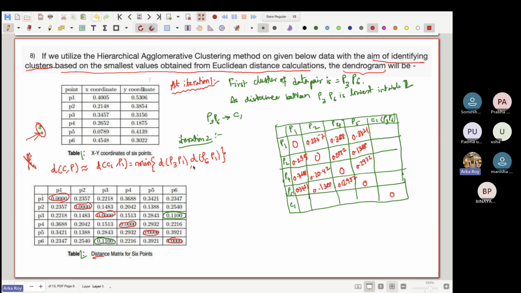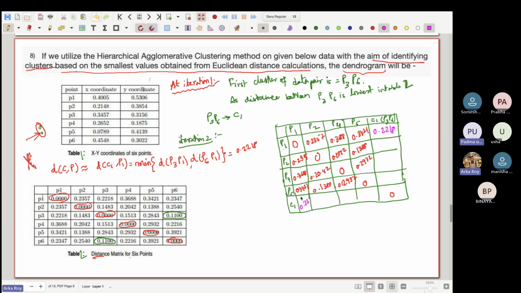Already it has been provided. P3 to P1 is 0.2218 and P6 to P1 is 0.2347. So it is minimum, therefore I can write 0.2218. So I'm filling up this part, 0.2218, and over here also 0.